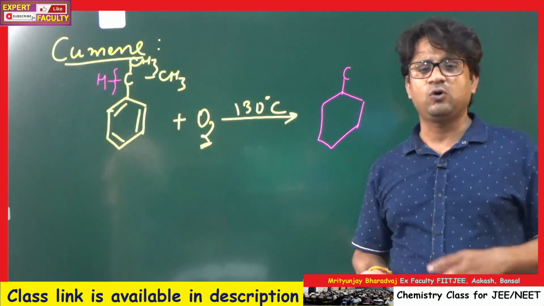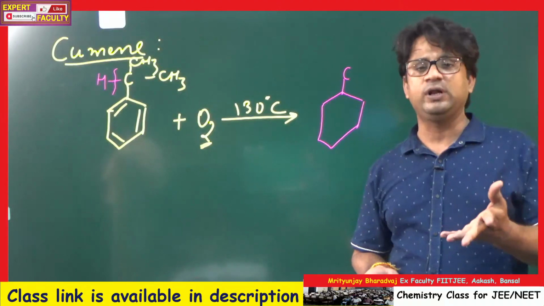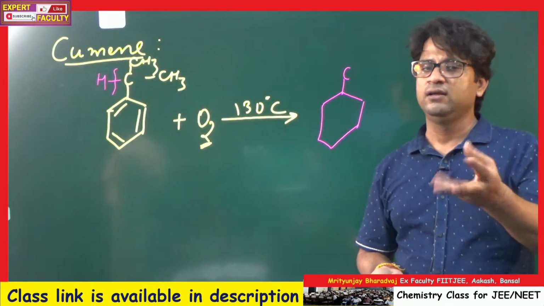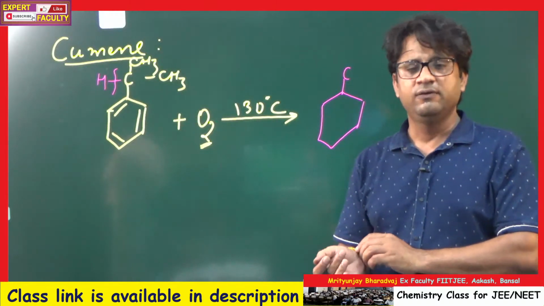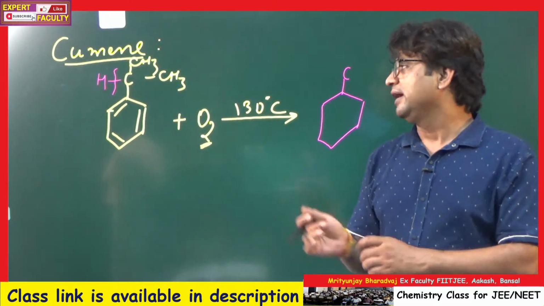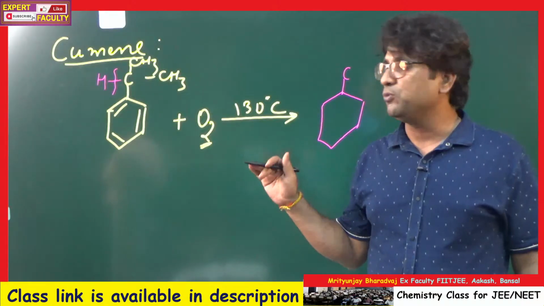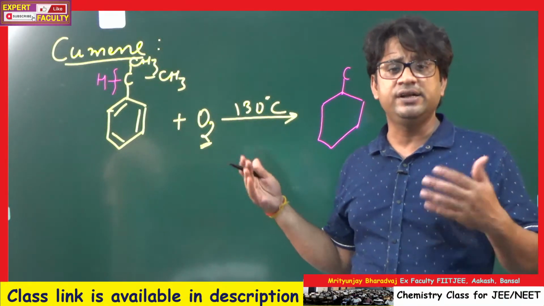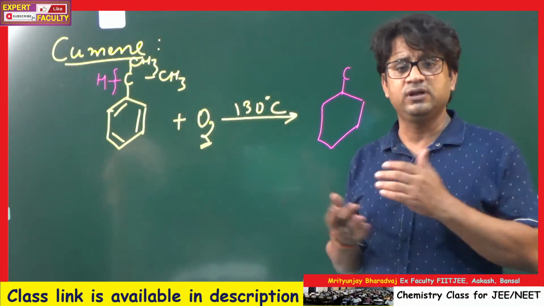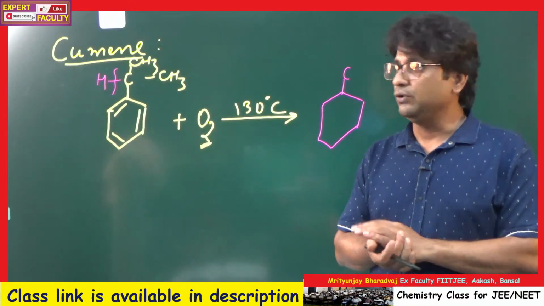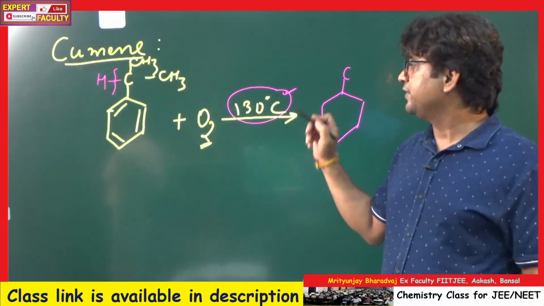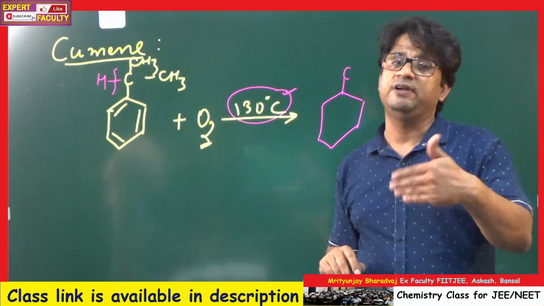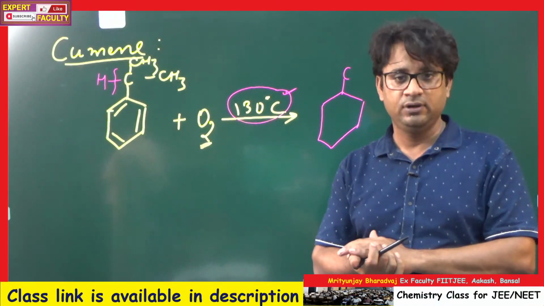Carbon-hydrogen bonds have very little polarity because both have very similar electronegativity. So neither H plus nor H minus can be removed unless some condition favors the removal. Here we find higher temperature, and higher temperature favors homolysis.